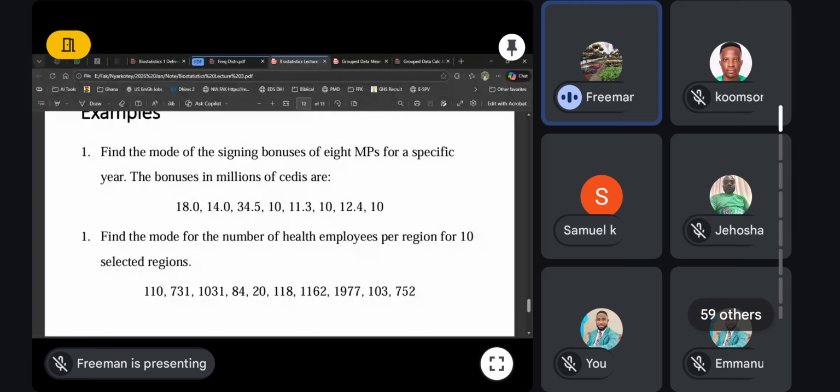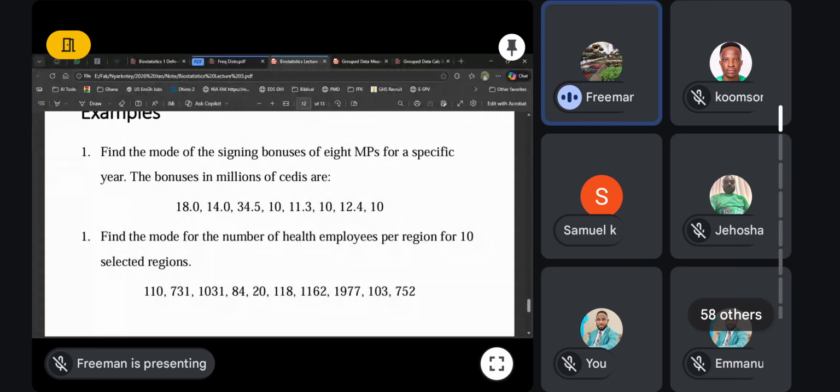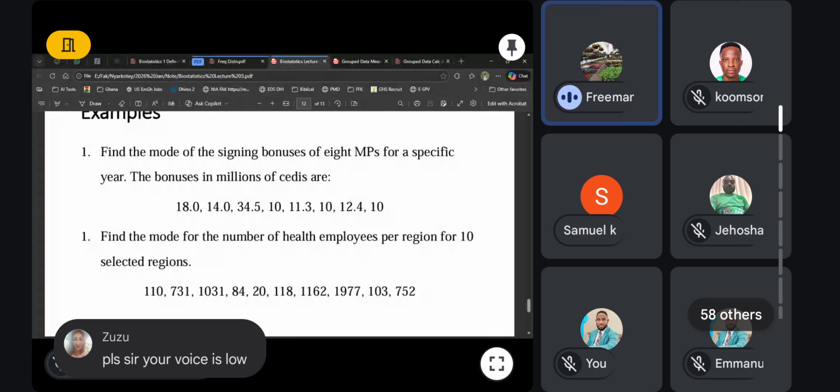If it's only one number, there is unimode, and that single number becomes the mode. If there are two numbers that occur the same number of times, then there are two modes, and we say bimodal data. If there are 3, 4, 5 that occur the same number of times, then we are saying it's multimodal.